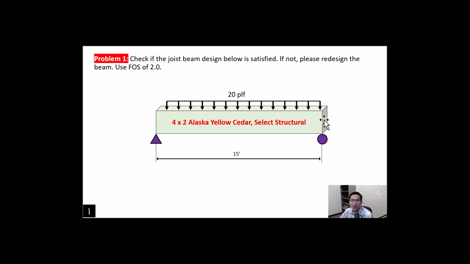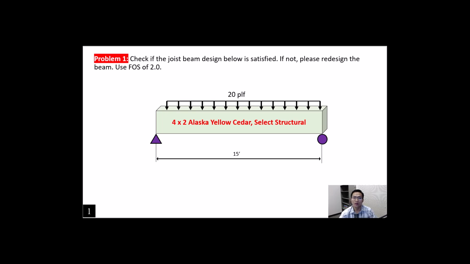It's obvious that this one is placed in a way that maximizes the use of the material. So to maximize the use of the material, we should put the beam like this instead of like this. This one will be weaker, it's easier to bend, and this one will be stronger and harder to bend, and this one will be the strong direction.